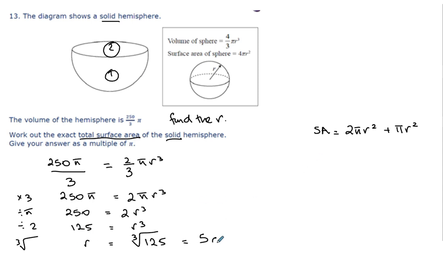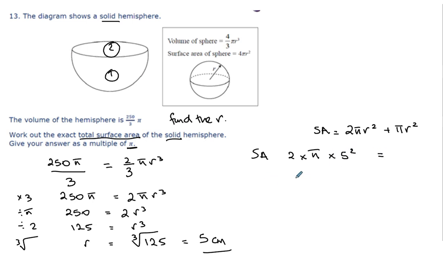Okay, so you've got 5 centimeters there. Now let's go stick it in, yeah? So let's do that one first. So you've got 2 times pi, and, oh sorry, we've got to give our answer as a multiple of pi. So you've got 2 times pi times 5 squared, yeah?